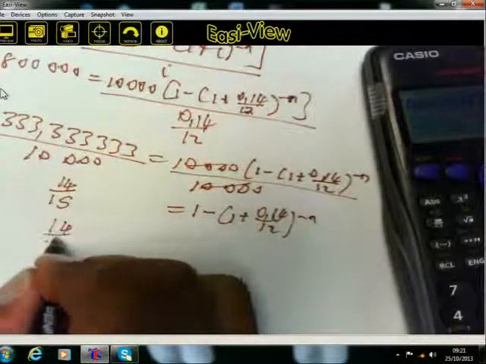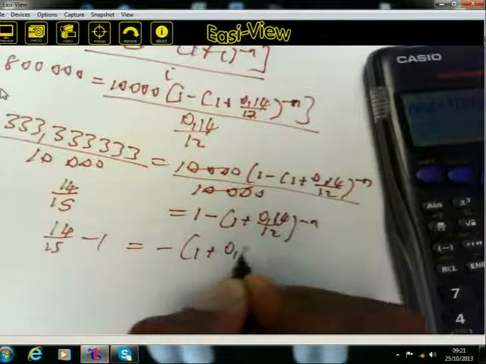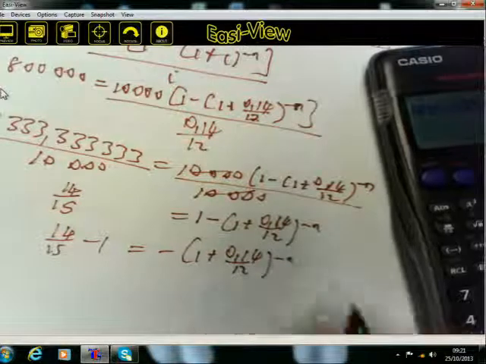You have 14 over 15 minus 1 is equal to negative (1 plus 0.14 over 12) to the power of negative n.